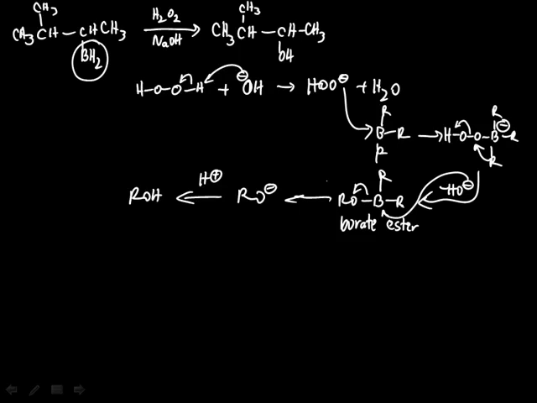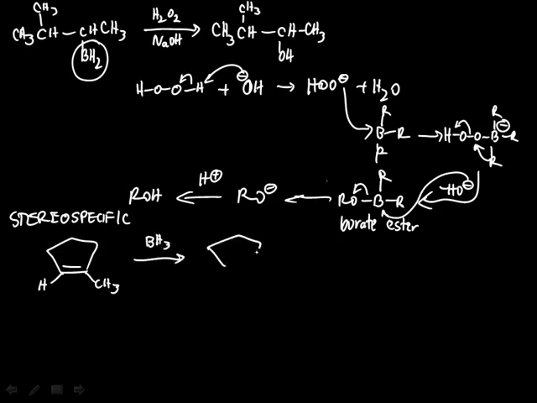Now, because of the highly organized transition state, which keeps these things in a four-membered ring arrangement, this reaction is stereospecific. So if we have, say, a hydrogen here and a methyl group here, then the first step will be coordination of boron to give us on top hydrogen, and here CH3.